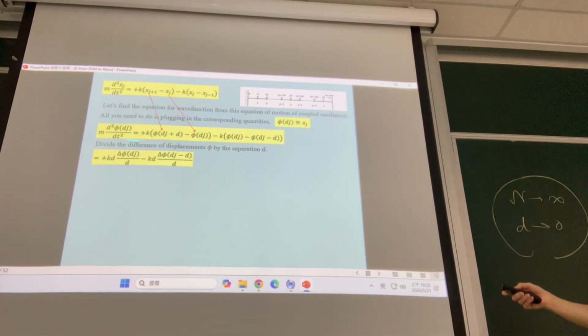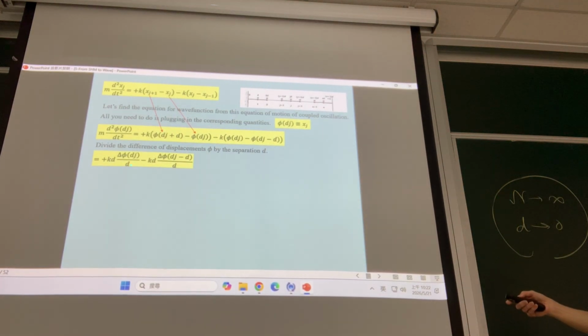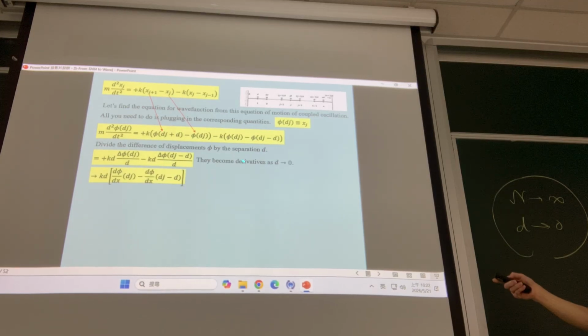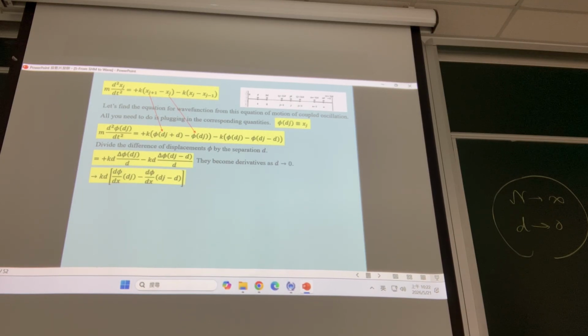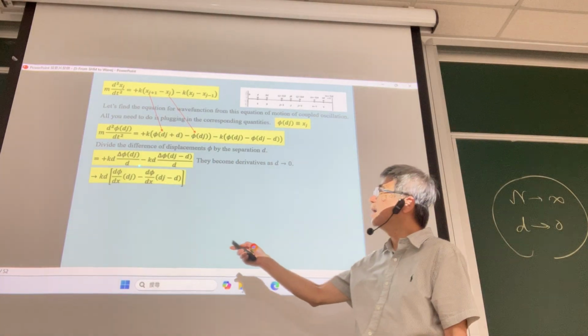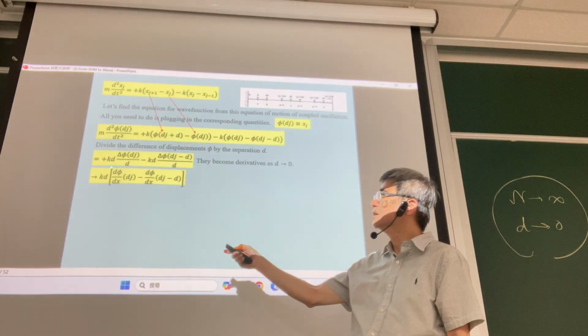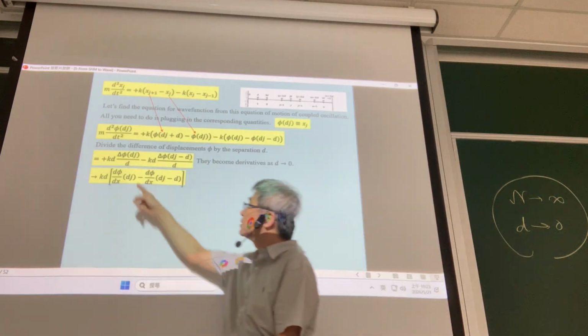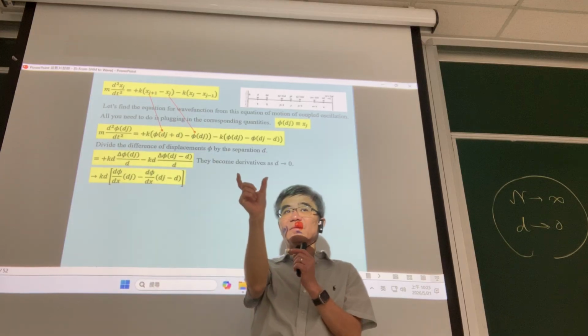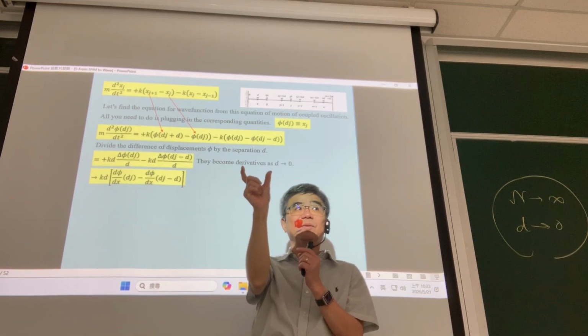However, when you put it in this notation, delta phi over d is actually a derivative when d goes to 0. We take the first step towards the continuum. The first step, delta phi over d, is actually d phi over dx, right? Because this d is the separation of the variable, or difference of the variable.